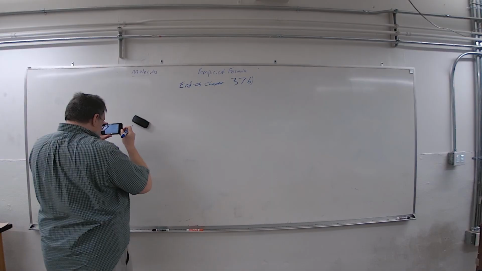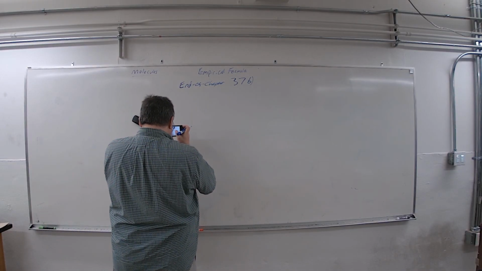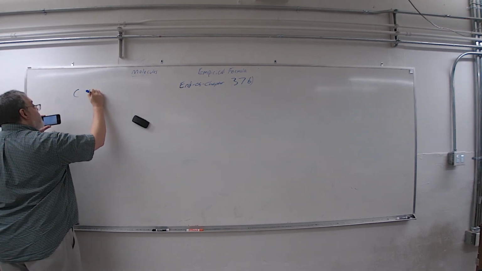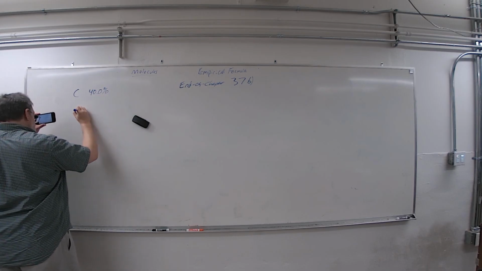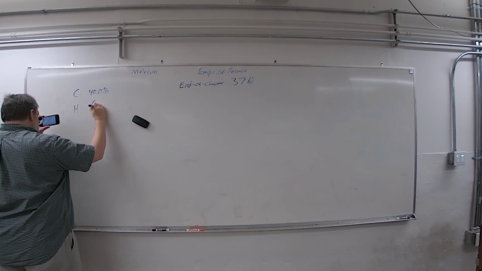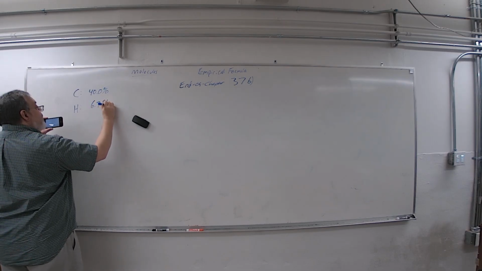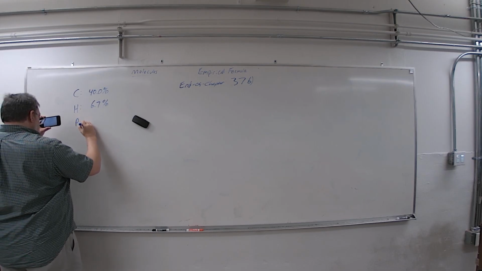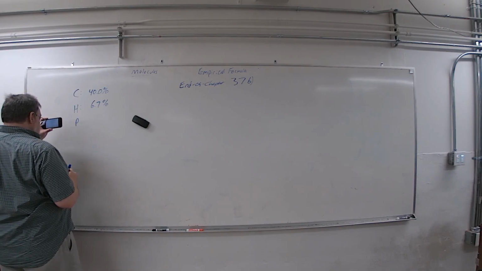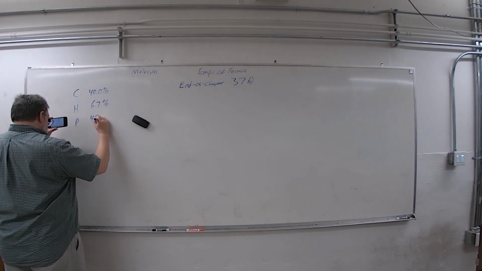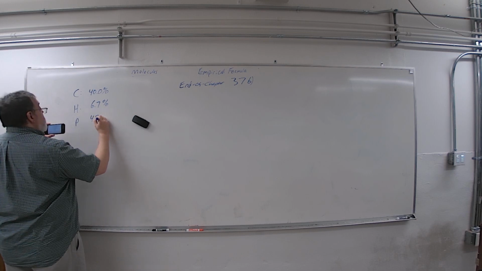This one gives you, it says, carbon is 40, hydrogen is 6.7, and oxygen is 53.3. This one's a little different than the way I did the first one, because they're giving us percentages.